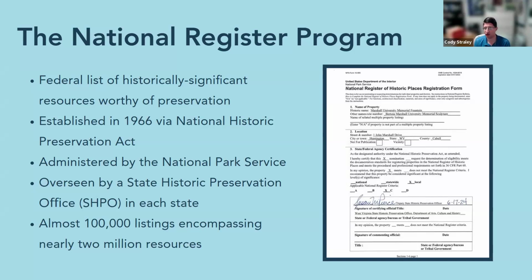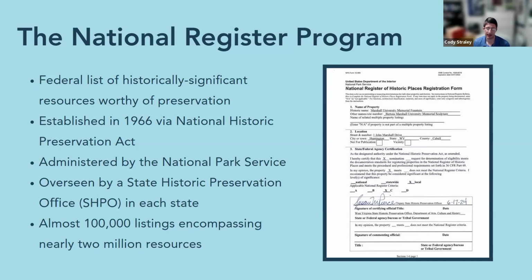It's administered by the National Park Service on the federal level, and then each state processes nominations through what we call a State Historic Preservation Office, or a SHPO for short. Anytime you want to nominate a property to the National Register, you go through your state SHPO to help get that nomination through.